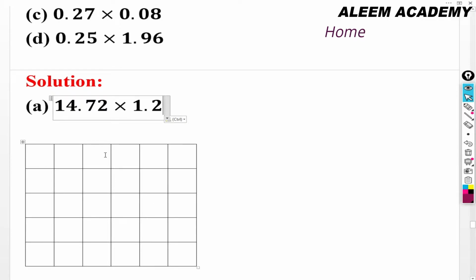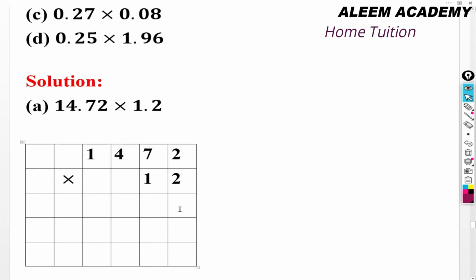So you can write here 1, 4, 7, 2, and over here 1 and 2. You have to write them without the decimal sign, and here you write the multiplication sign.